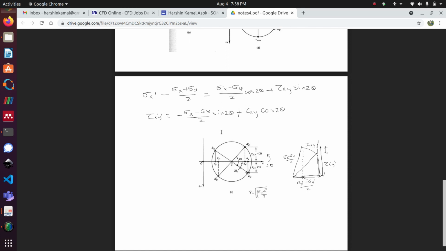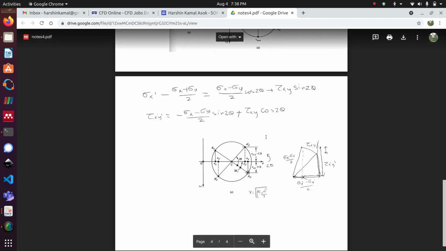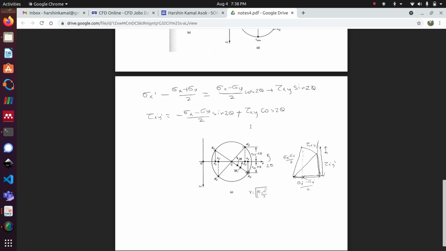We rotated the coordinate system by a certain angle, and we found out the normal stress values and shear stress values for the new coordinate system.